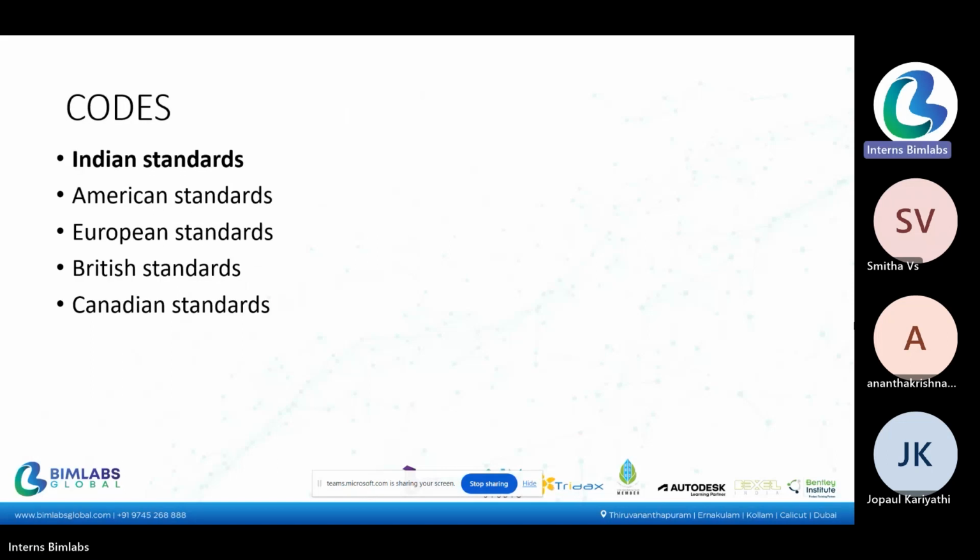Now, codes. As we design, for each country there are specific standards for the design of any elements. Today in this session I am only talking about Indian standards. There are other standards: American, European, British, Canadian. Why are they providing these standards?